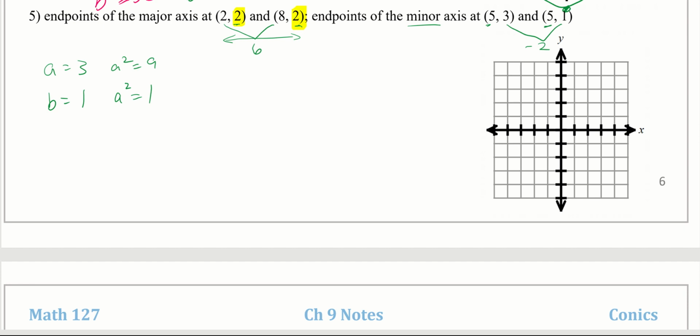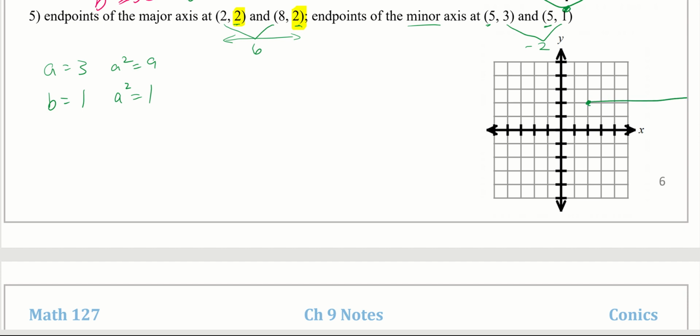Okay, so now as we solve this, if I do a quick graph, if you notice right here, maybe don't draw this part, just listen for a second. So if I go 2, 2, and 8, 2, which is way over here, I'm gonna have something like that, okay? That is my major axis.